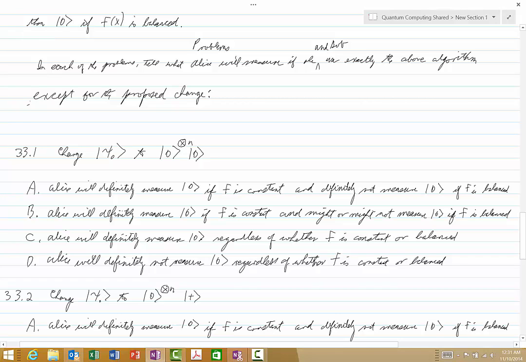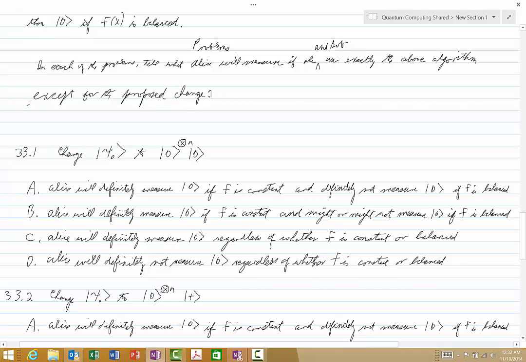C: Alice will definitely measure 0 regardless of whether f is constant or balanced. And D: Alice will definitely not measure 0 regardless of whether f is constant or balanced. Which of these is the correct result if we make only that change to the above algorithm?